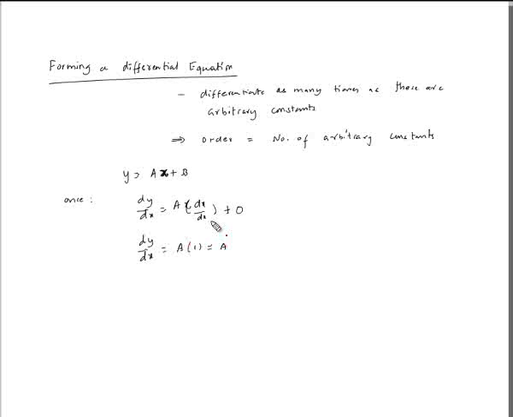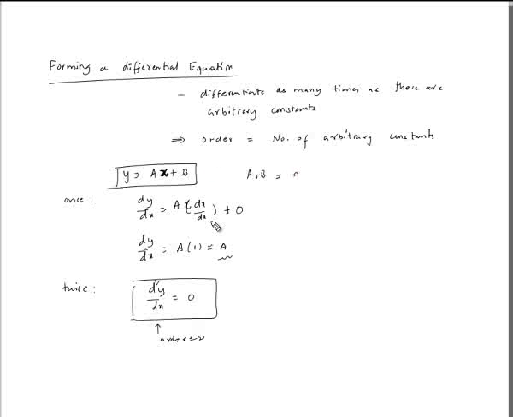This is differentiating once. Now differentiating a second time, we get d square y by dx square, because still a and b can take anything, so now it will be 0. So this is a differential equation of this general family of straight lines where a and b are constants. What it means is the order is 2 here, and that was the number of arbitrary constants. Remember, a and b are the arbitrary constants.